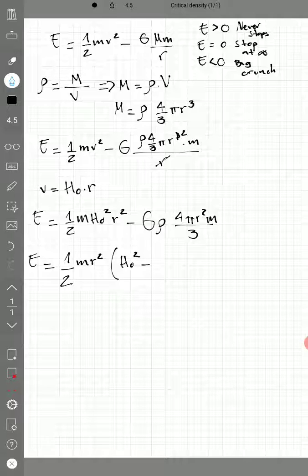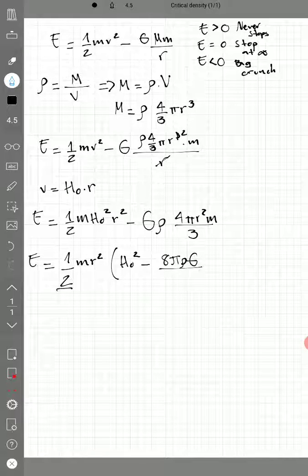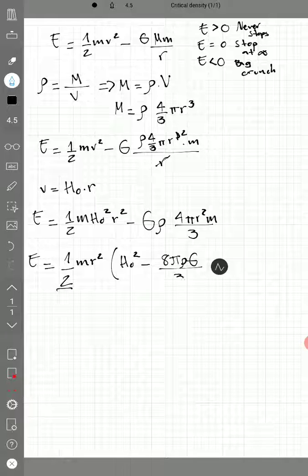The m r squared will go out, but since I took this 2 out, I need to double what I have inside. So 8 pi, the r squared and the m went out, I have the rho and G, divided by 3, right? And that's what I have.